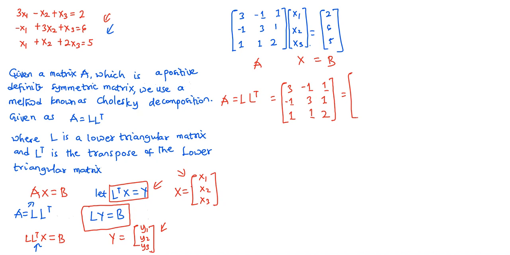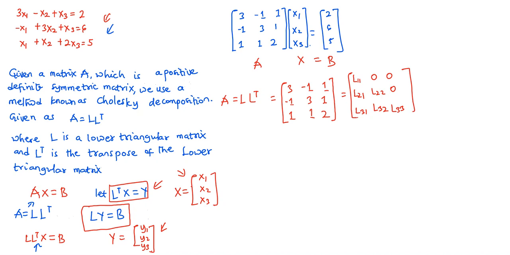For the lower triangular matrix, I'm going to have L11, 0, 0, then L21, L22, 0, then L31, L32, and L33.